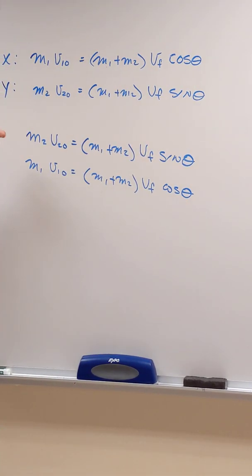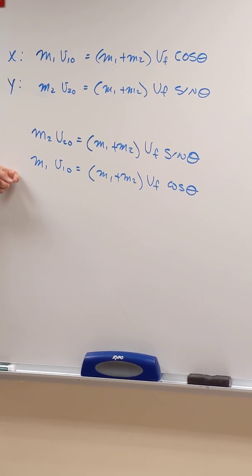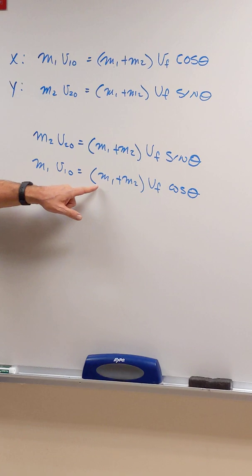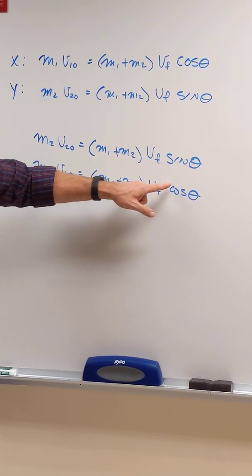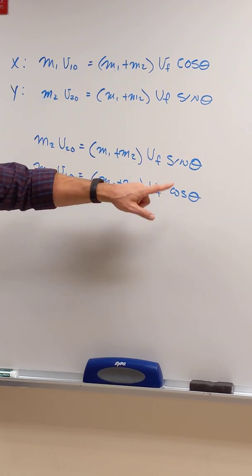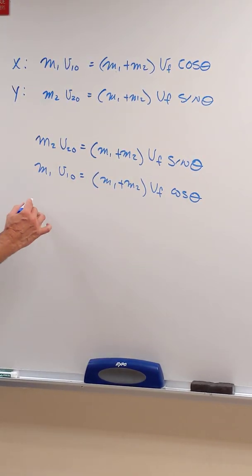So realize if I divide this equation by that equation, this cancels, that cancels, and I get tangent of theta, since sine over cosine is tangent, equals this.